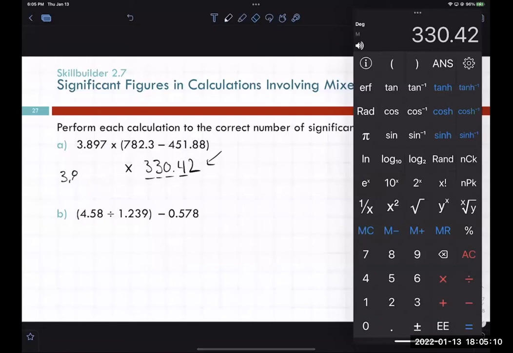Let's say this 3.89762. So now this first one has 6 significant figures. Our second number, if you weren't keeping track, you might say has 5 significant figures, but in reality, we're only keeping 4 of those because we would have dropped this 2 if it was our final answer. So here, in our next step, we're only going to keep 4 sig figs.